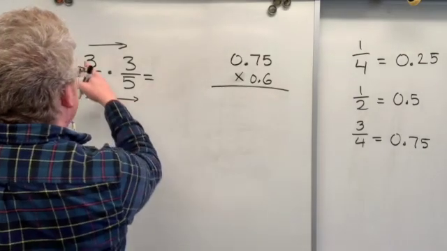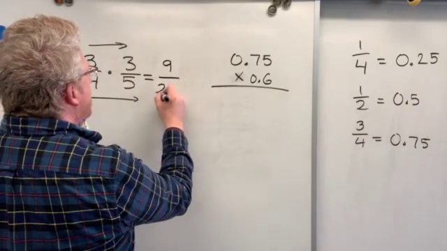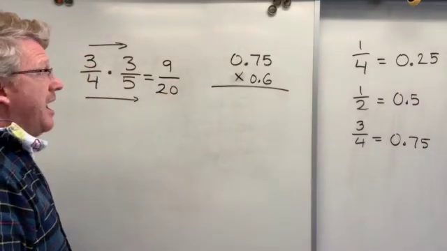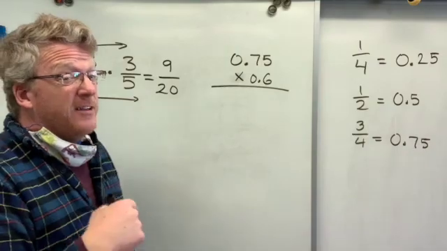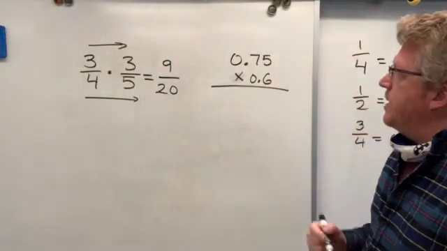All right, 3 times 3, that's going to give me 9. 4 times 5, that's going to give me 20. 9/20. Not a very friendly fraction, I might say. Okay, let's solve this one up too.